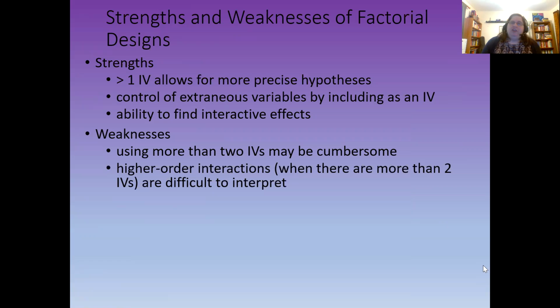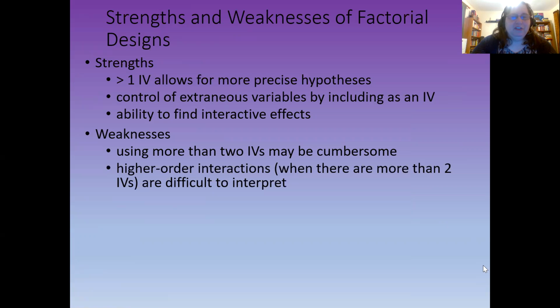If you can imagine, 2 independent variables is kind of complicated. 3 is even more complicated. My old stat professor used to say that a 4-way interaction is proof of a higher power.